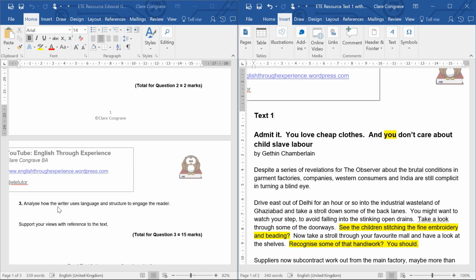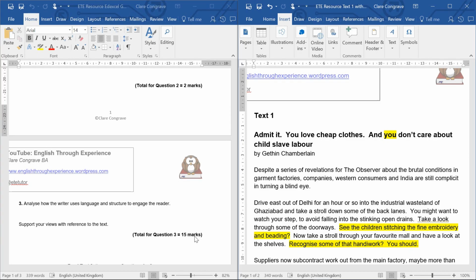What you're looking at is how the writer uses language and structure to engage the reader, supporting all your ideas with references to the text. So that can be paraphrasing or quotations. If you're talking about language use, then quotations are the way to go.